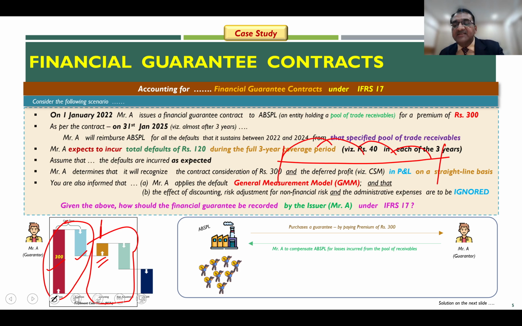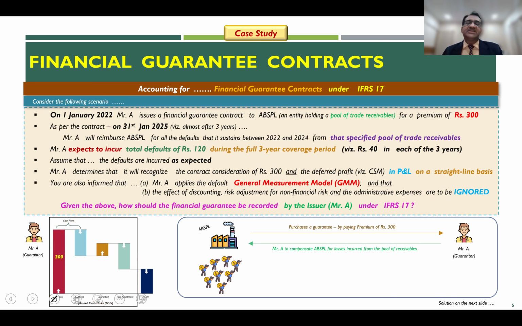So this is the discounting effect. And then there is something called risk adjustment. That is another adjustment which needs to be done. These two, as it says here, are assumed to be zero. They are to be ignored. So we will not get into this. For simplicity, let us assume that these two are zero.